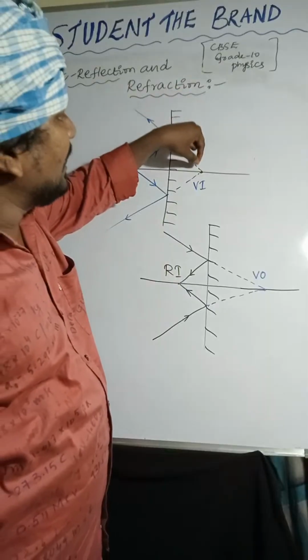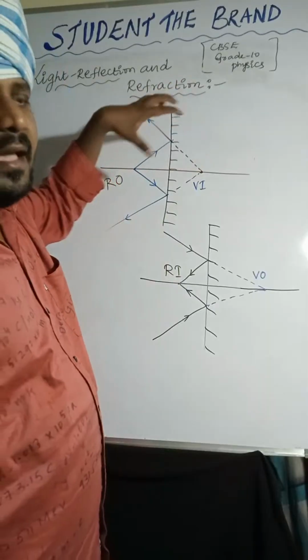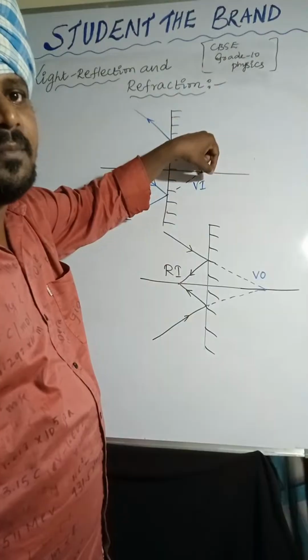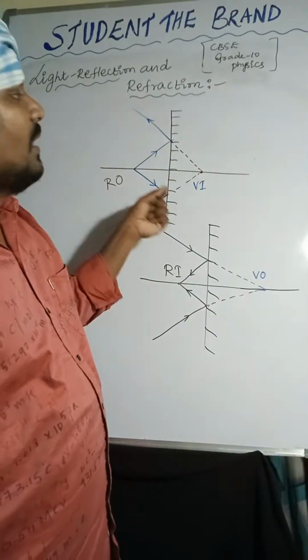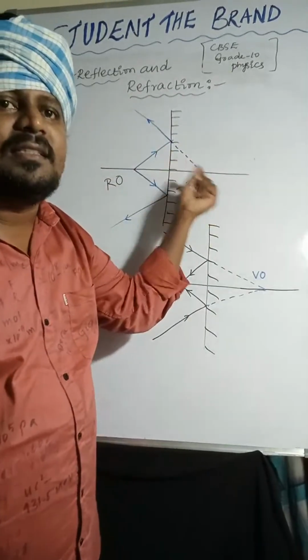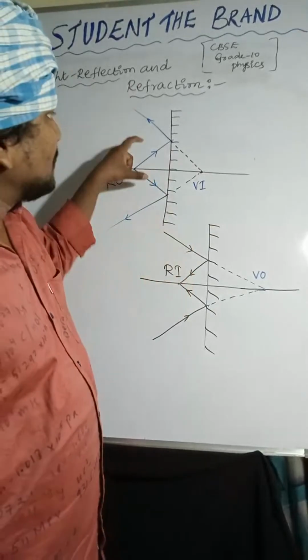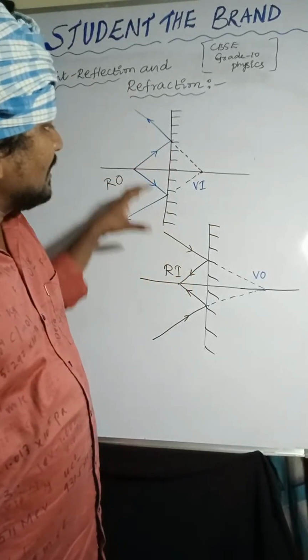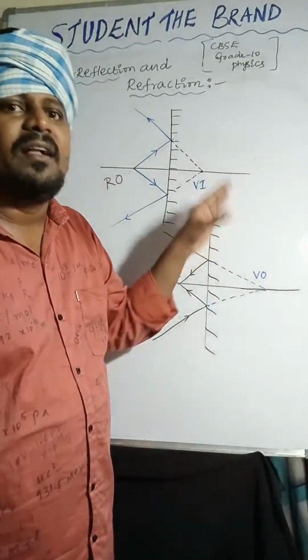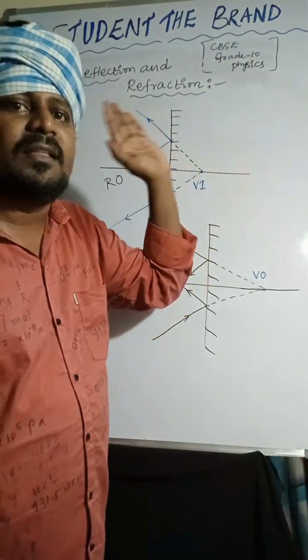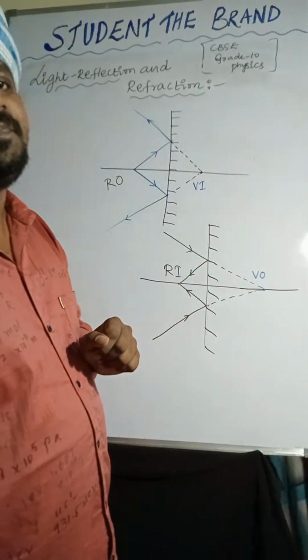Extended reflected light rays are meeting at one point. Their image is forming. That is a virtual image.